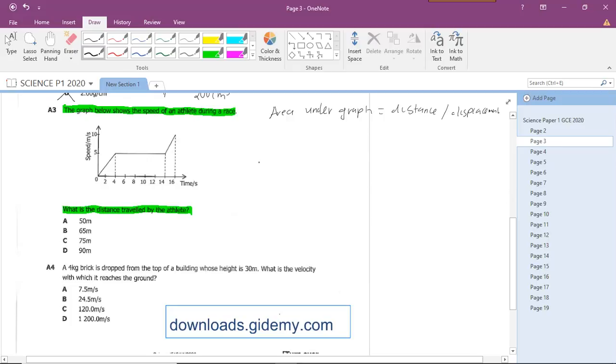So your trapezium is going to look something like this. Your trapezium is going to have a short side A, like so.